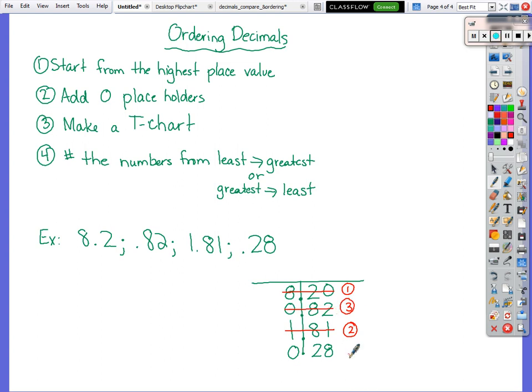But notice I am not crossing it out so that I can't read the number, because now I need to rewrite them in order from greatest to least. So I got to look at my numbers. Is greater than, where's my number 2? Is greater than. Is greater than.